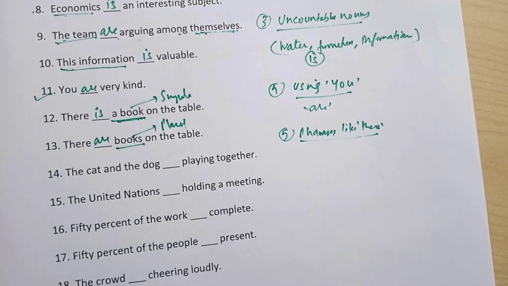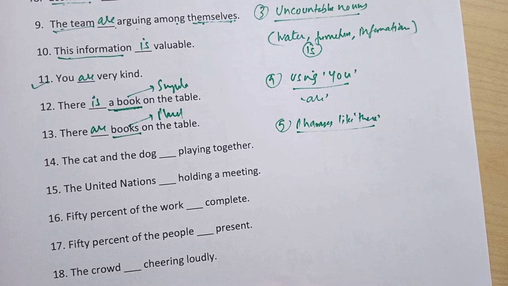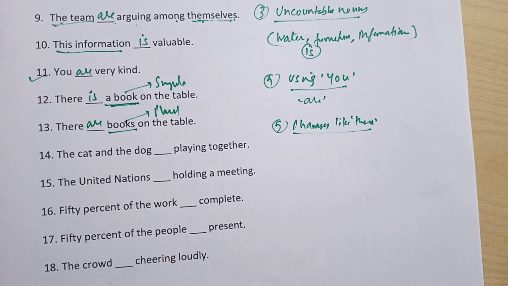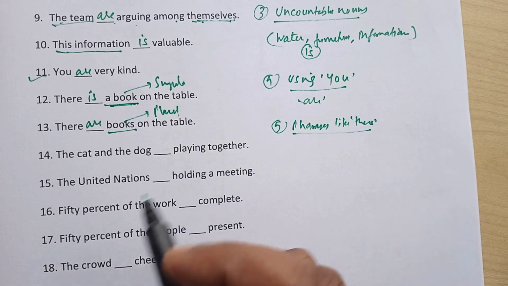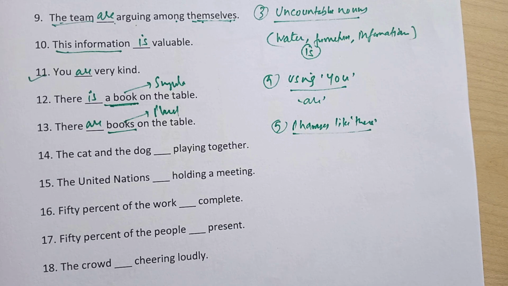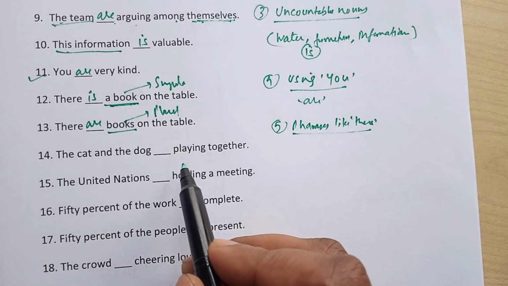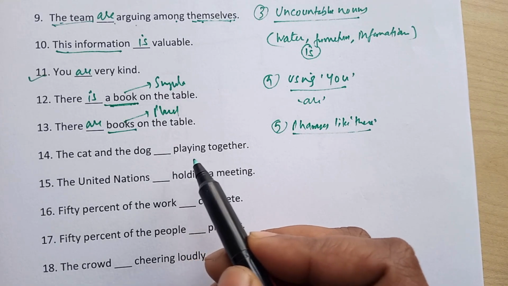Okay, so far so good. Now let's talk about a couple more examples and then we'll finish. Another example is "the cat and the dog dash playing together."